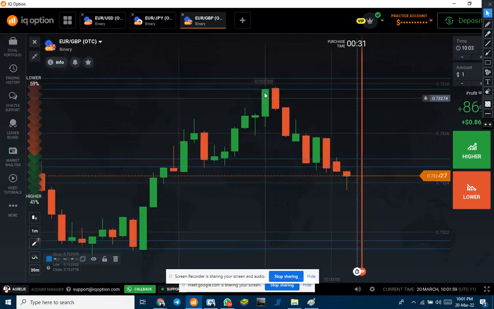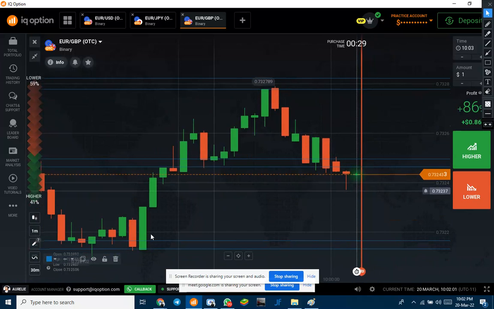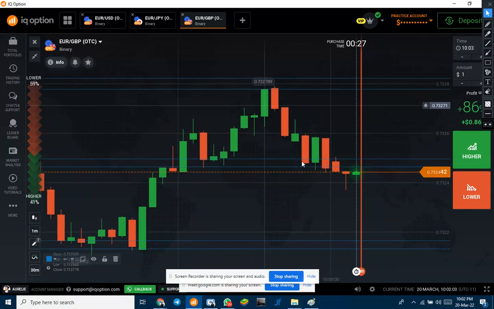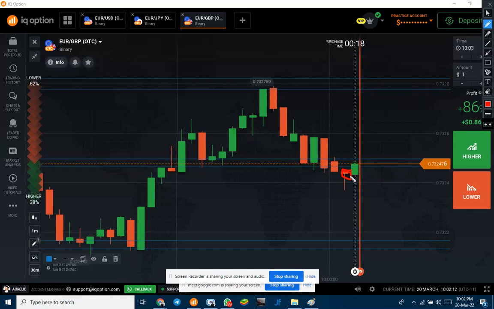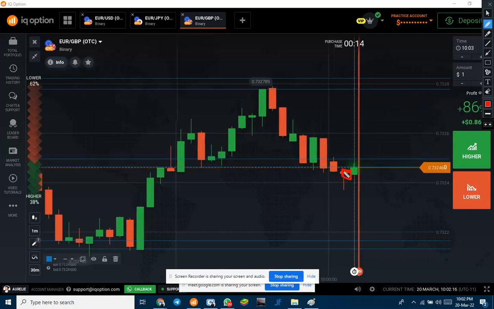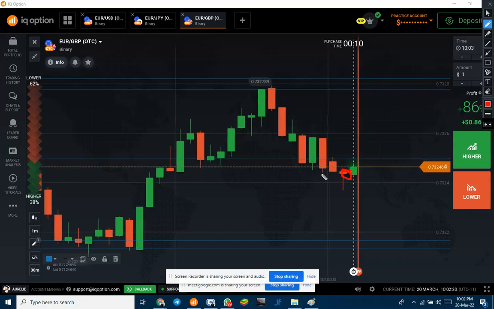Now, this is a correction move, right? This is the impulsive move. This is the correction move. At the correction move, what do you see here? A corrective candlestick where it's not something like above the level, but this is definitely below the level. Maybe something is happening in the market.